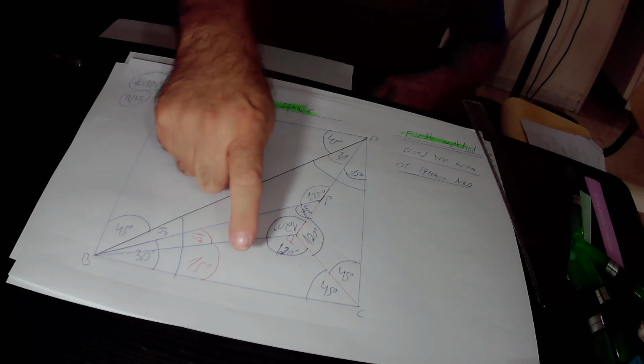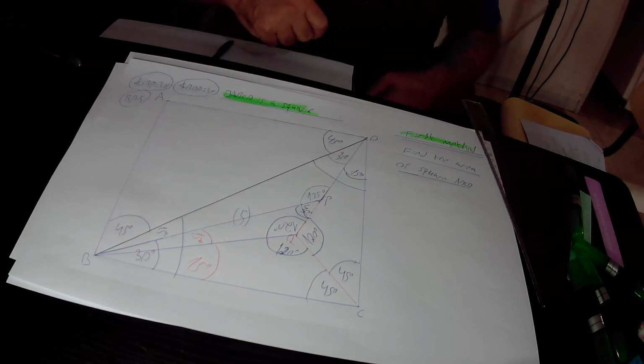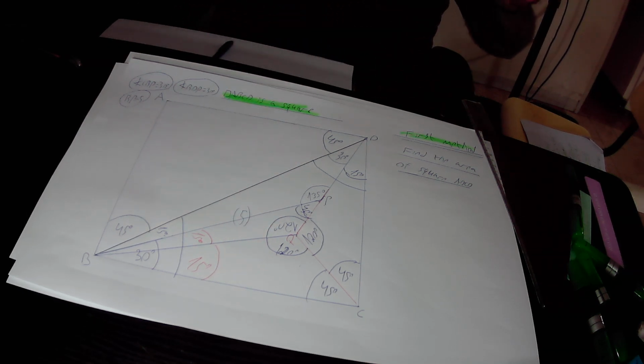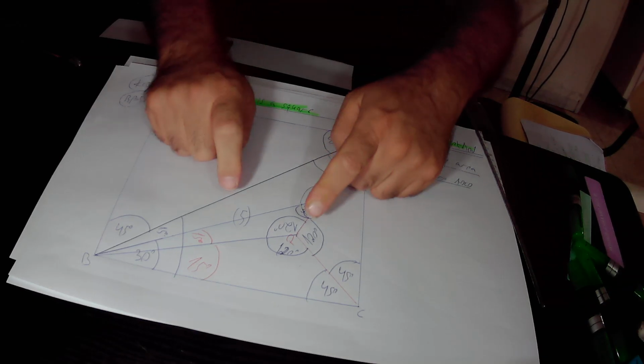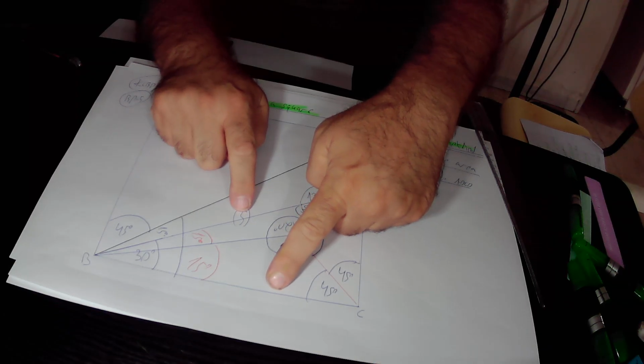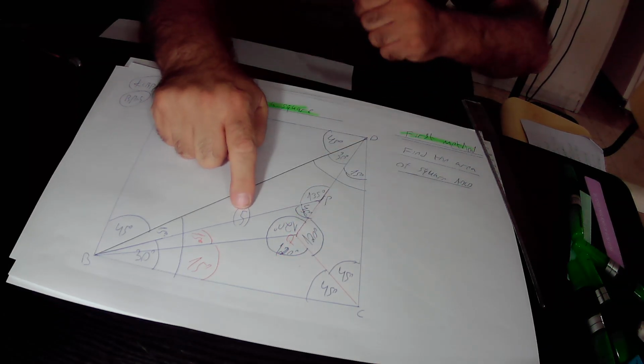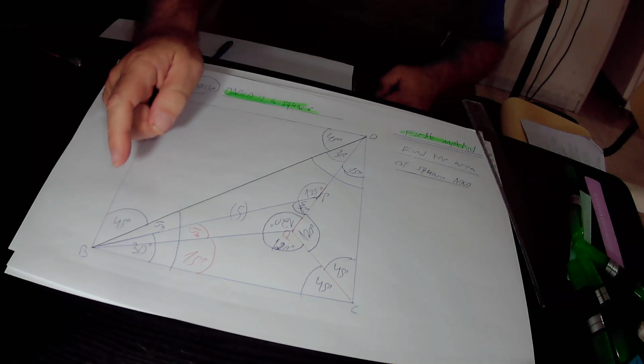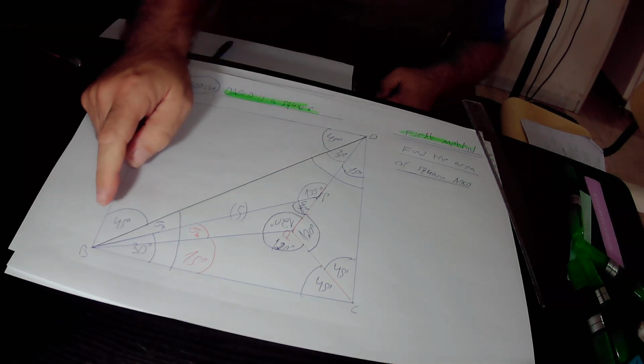So those two sides are corresponding sides. According to the rule that corresponding sides in congruent triangles are equal to each other, those two corresponding sides must also be equal in real lengths. So we found out that BP equals BC.